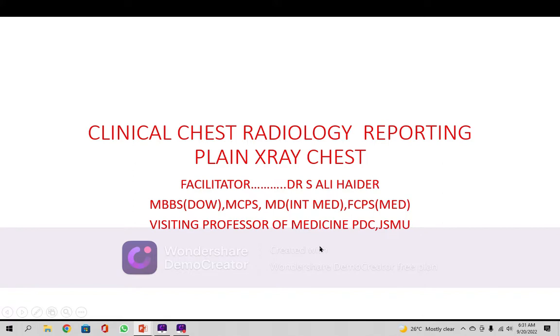WBC was 8 to 10, so he has got an infective process in the urinary tract, and some crystals of uric acid are present. It means that probably his uric acid levels are higher, hyperuricemia. Probably he is a patient of metabolic syndrome, we don't know. The fourth routine investigation was X-ray chest.